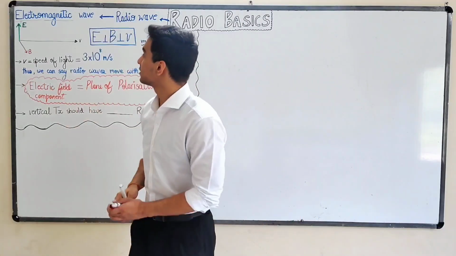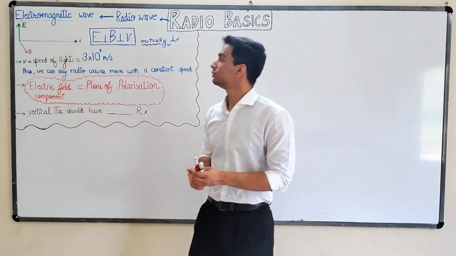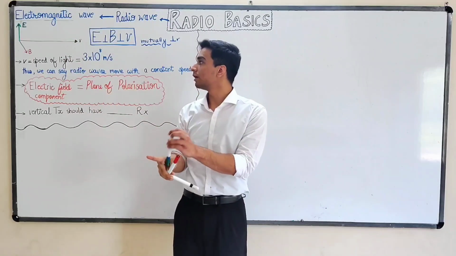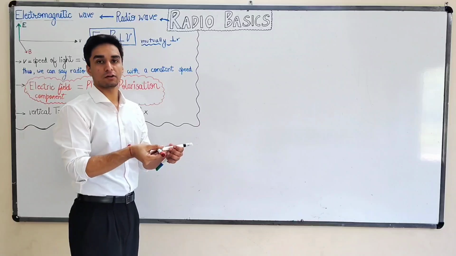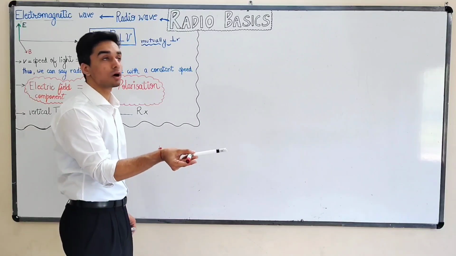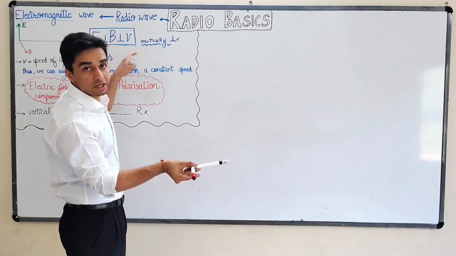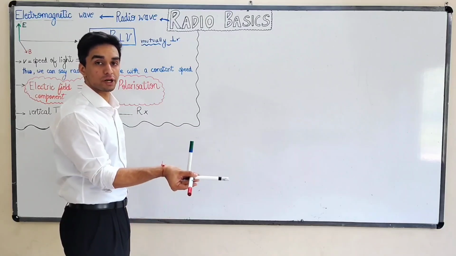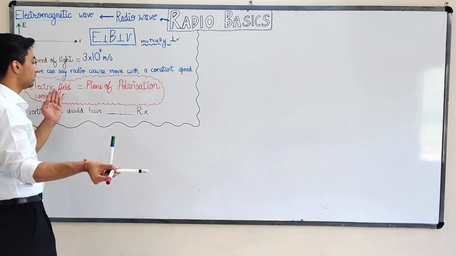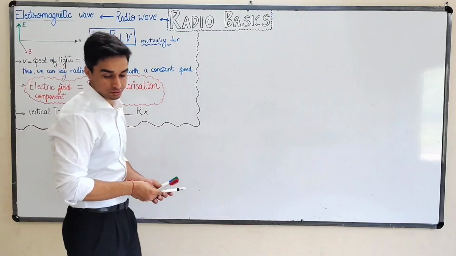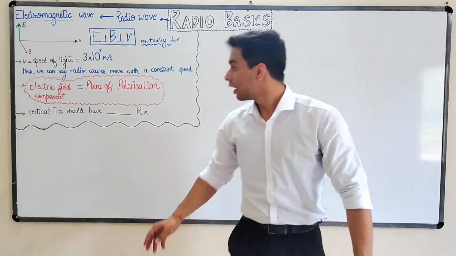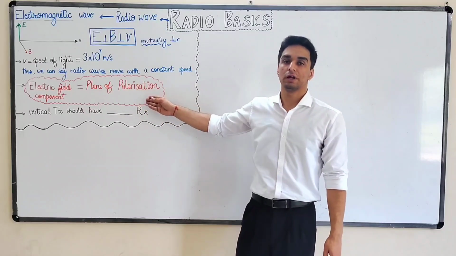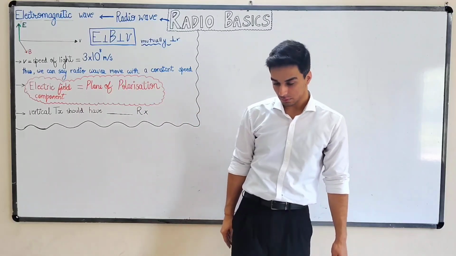Suppose we were taking this example, and in the question you were given only the direction of propagation of radio wave and the magnetic field only. Now, using this relationship, you will figure the electric field component direction, and that will be your plane of polarization. So the trick is to answer the electric field component when you are asked about plane of polarization.